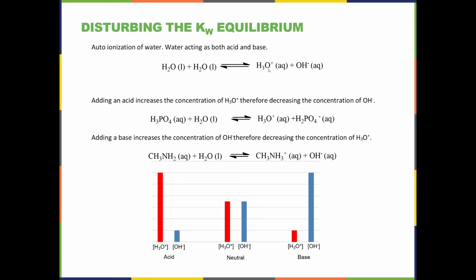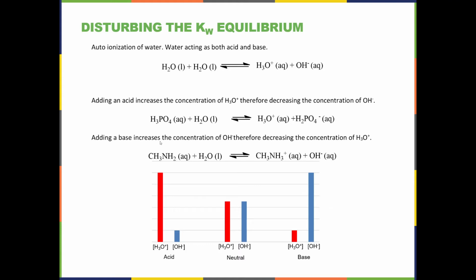Well, when H3O+ is added artificially by adding an acid, it's going to shift the reaction in this direction towards the reactants. From Le Chatelier's principle, we stress the equilibrium by adding more H3O+, and the reaction responds to remove H3O+, and the only way a reaction has to do that is to make more water. Well, what's definitionally going to happen to the concentration of OH- when that happens? The concentration of OH- is going to go down, because some of it is reacting with H3O+ to form more water.